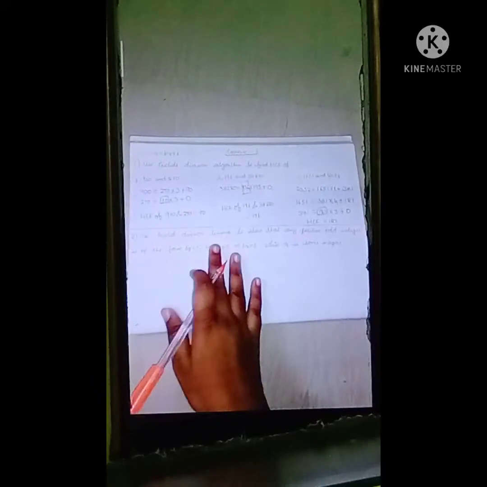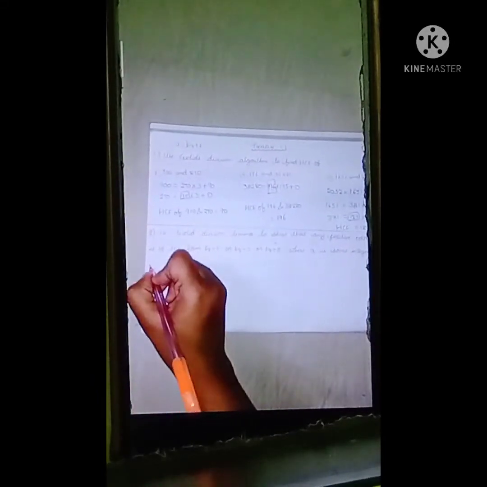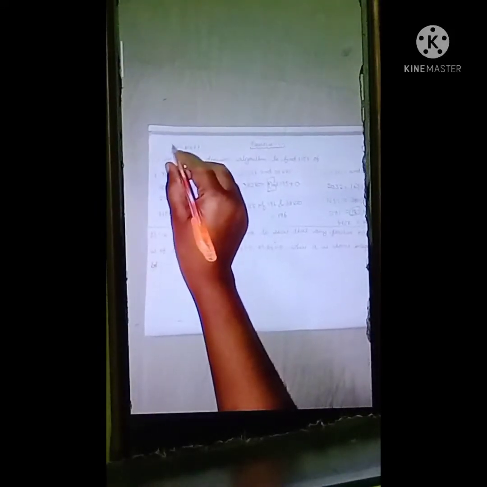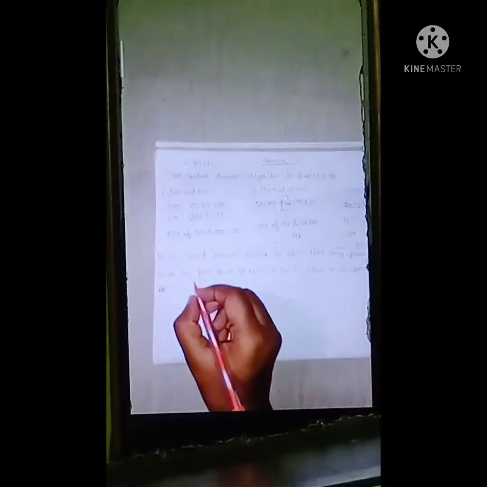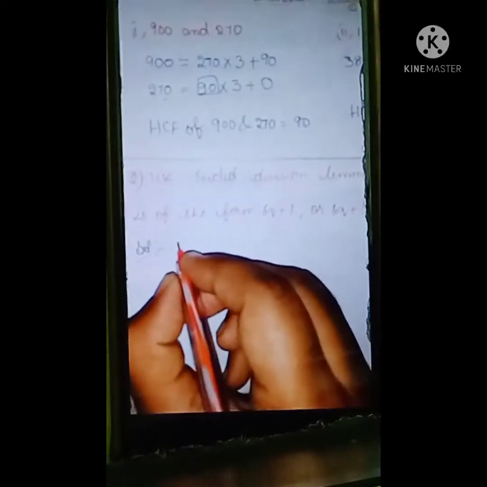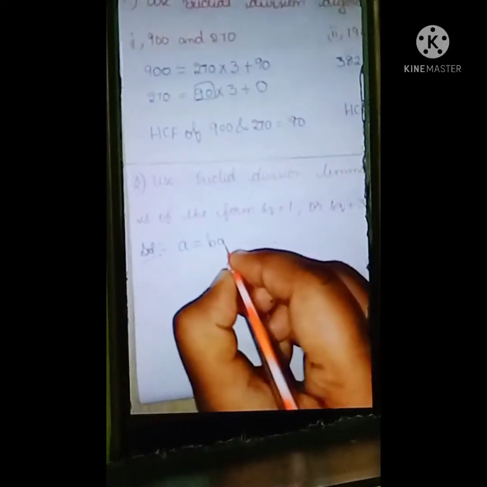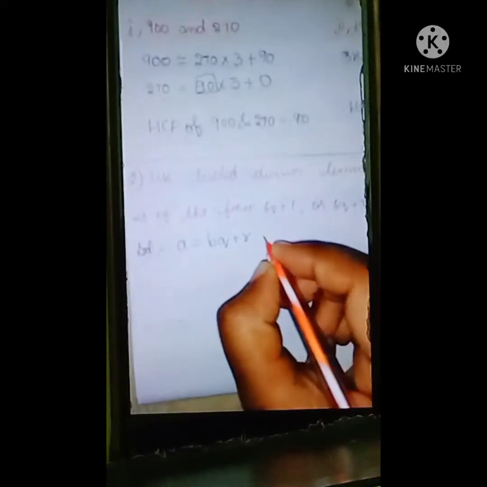Okay, to find this solution, first we have to know they asked us to use Euclid's division lemma. So I am taking Euclid's division lemma. It is A equals BQ plus R. First you write A equals BQ plus R. What is this?